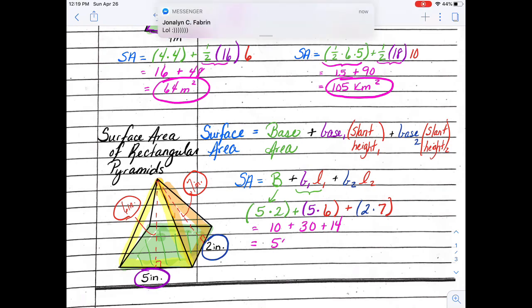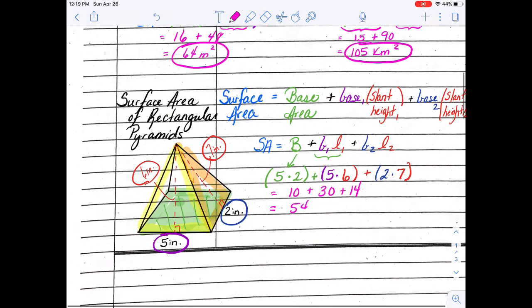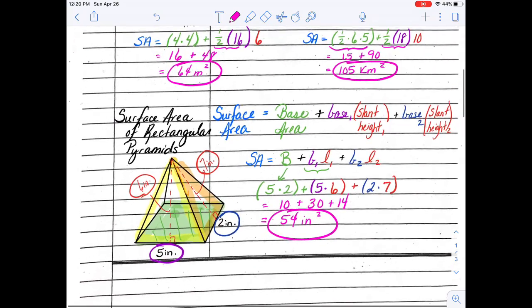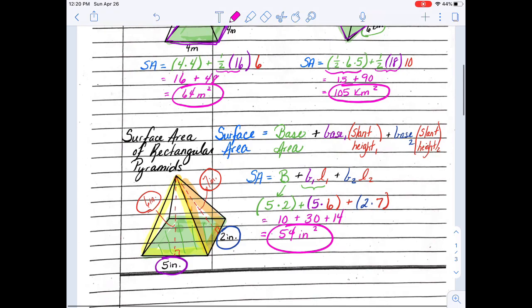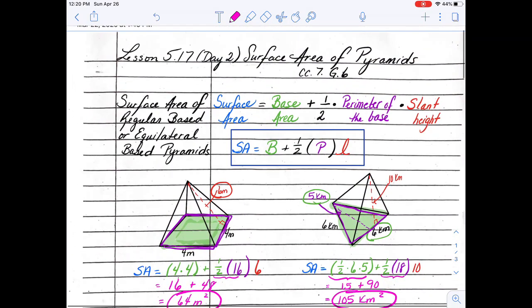And when we add those all together, we've got 54 inches squared. And there is my surface area of a rectangular pyramid. So that's the only difference if the base is a rectangle where the sides aren't all the same compared to if they are. So if you have any questions, go ahead and write them down and bring them to class and we'll cover them.